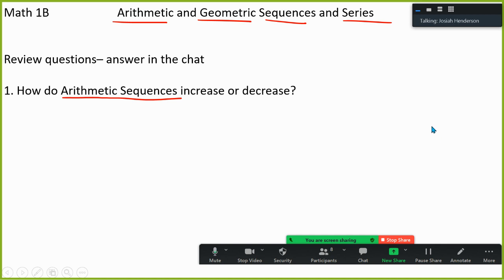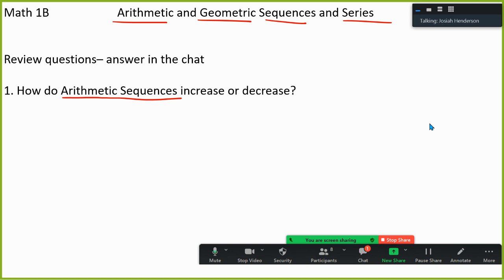How do arithmetic sequences increase or decrease? There's many ways to say it. I'm not looking for the right way to say it, but in your own words, how do you think about it? What do you remember from this week, or what do you have in your notes?